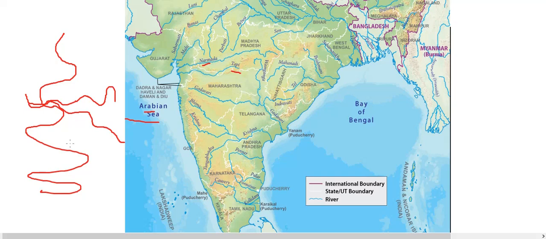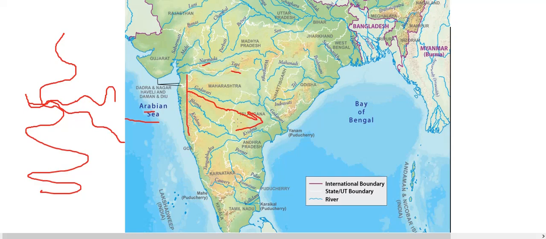So basically this area has tilted towards the southeast. The northwest area has tilted, the peninsular block tilted towards the southeast, which ultimately leads to the flow, because slope plays an important role.